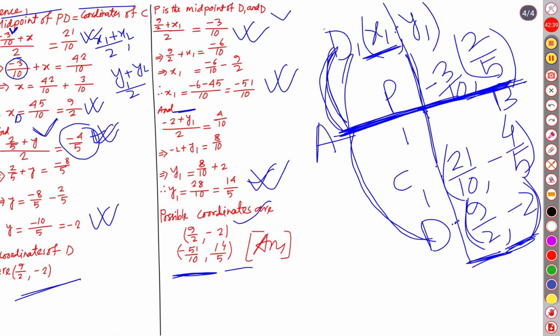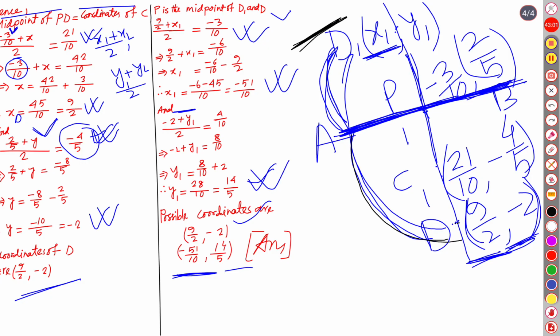You may get confused that we have already got the coordinate of D over here. Yes, the D coordinate has been obtained from here. Then what is the necessity of another D? Actually, it is ambiguous. If we found the D coordinate at this point, nowhere is there any restriction that D cannot be over here. D can be over here also.